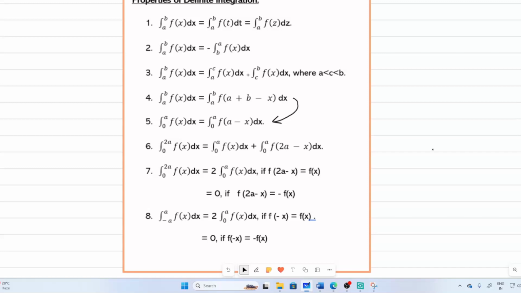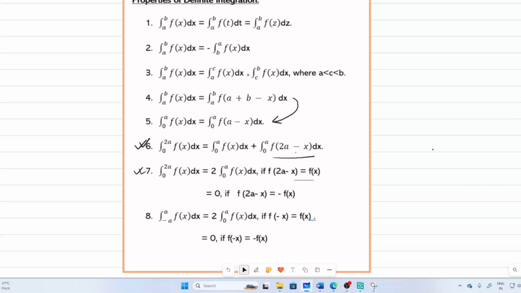Okay. Now the next property: if f of 2a minus x equal to f(x), then this f(x) will be added to this f(x), and it will give you 2 times the integral 0 to a f(x) dx. And 0 if f of 2a minus x equal to minus f(x). So knowing this one is important, but for application, number 7 is also very important.